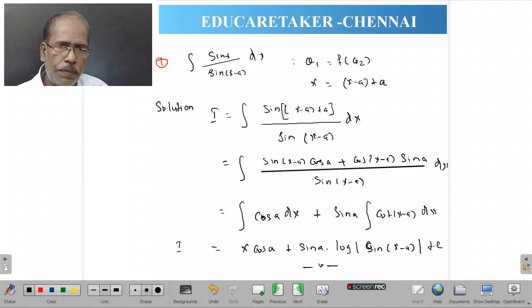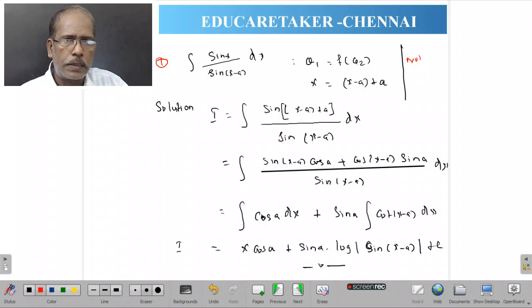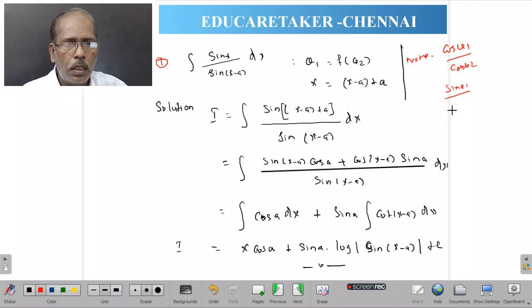Dear student, this is the final answer of the question integral of sin x by sin of x minus a. Remember student, what is the point to be noted? You can apply the same procedure for cos theta 1 by cos theta 2, or sin theta 1 by cos theta 2, or cos theta 1 by sin theta 2.